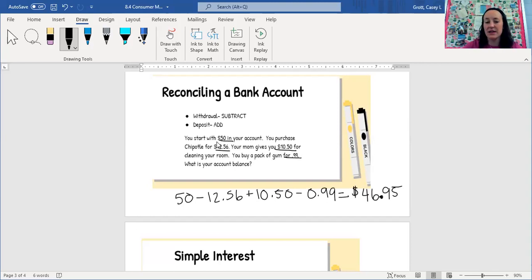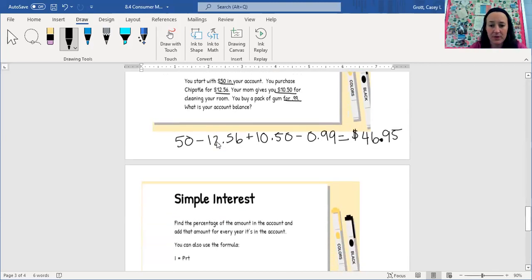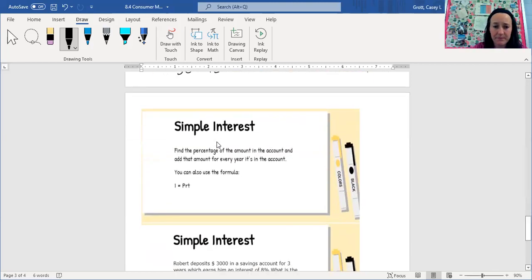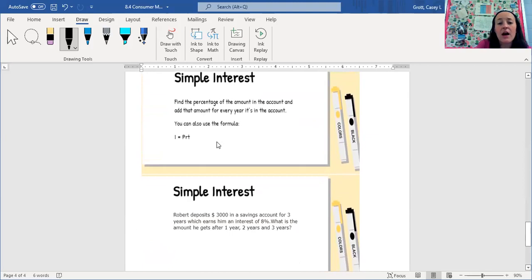All right, the last thing that we need to talk about is going to be interest. Okay, more formulas again. So simple interest, banks use this a lot. You can earn interest on your money. Find the percentage of the amount in the account and add that amount to every year's in the account. So there's this formula that we use. I represents interest.